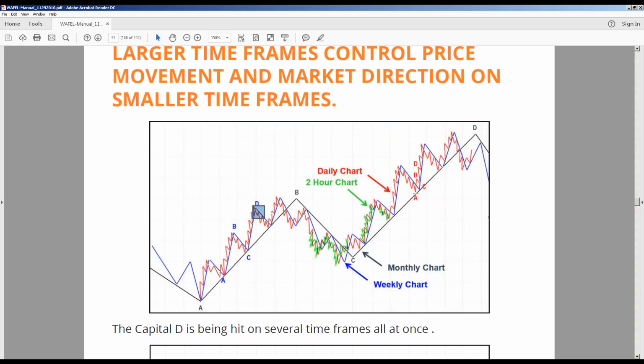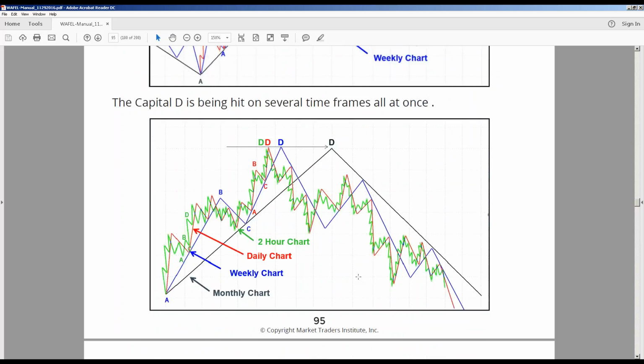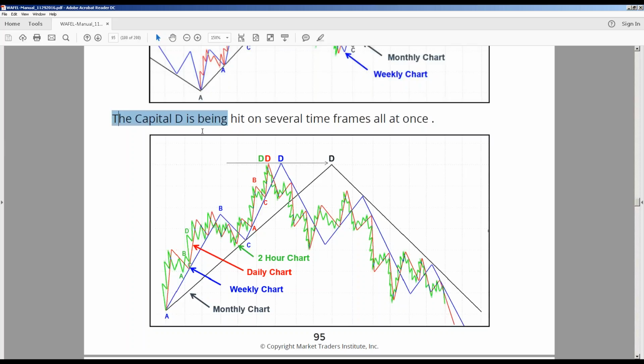And the red line represents the ABCDs on a daily, and then the green represents the ABCDs on a 2-hour chart. And here's a nice example of the capital D extension being hit on several time frames at once. Right, the market hits the monthly D extension, it hits the weekly D extension, it hits the daily D extension as well as the 2-hour D extension.